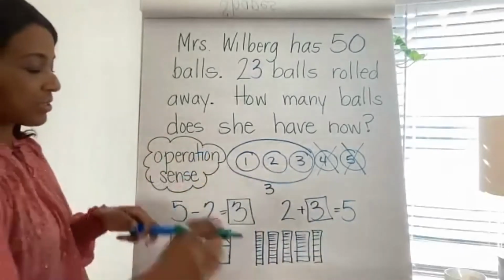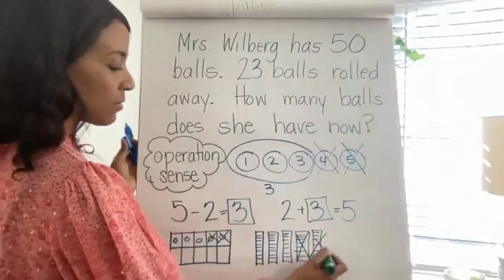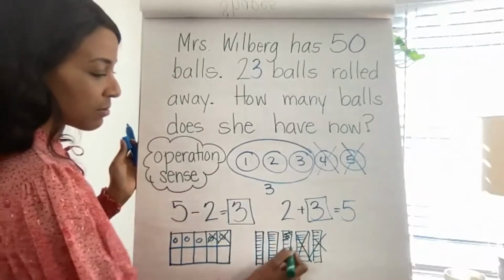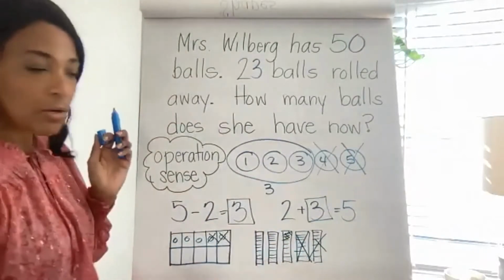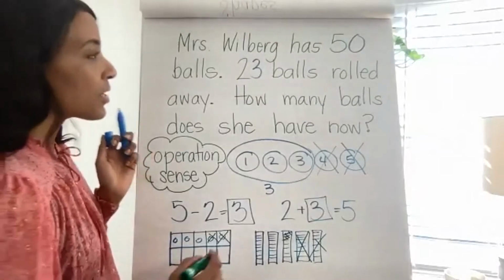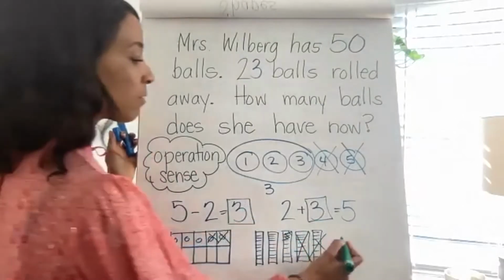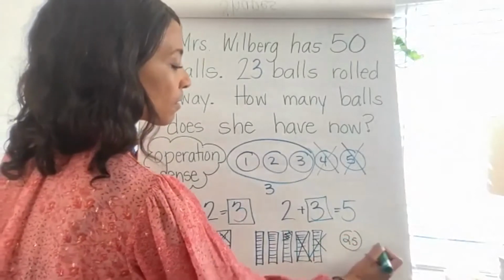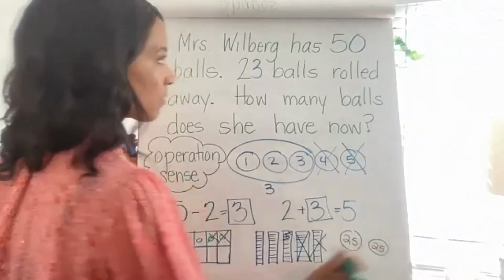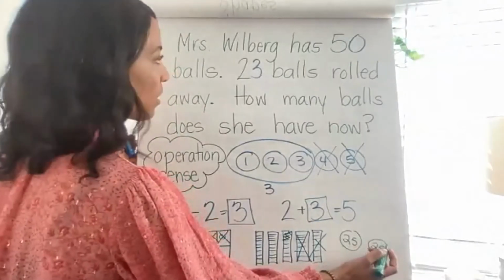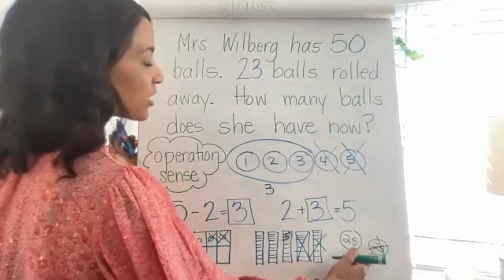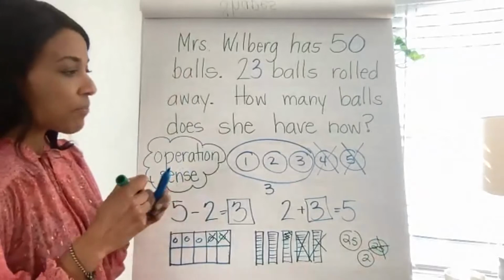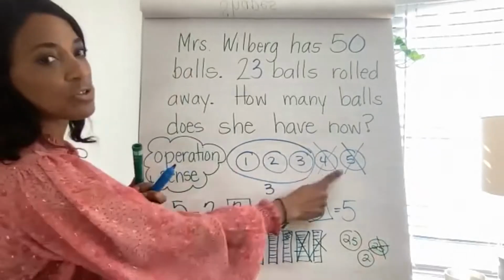So they might subtract 20 and then 3 more and find the difference, which is 37. So that could be an appropriate model. Some kids might use money. So they might use 2 quarters, and maybe they will subtract 23 from that and know they have 2 more left over. So there are different models that kids can come up with outside of circles.